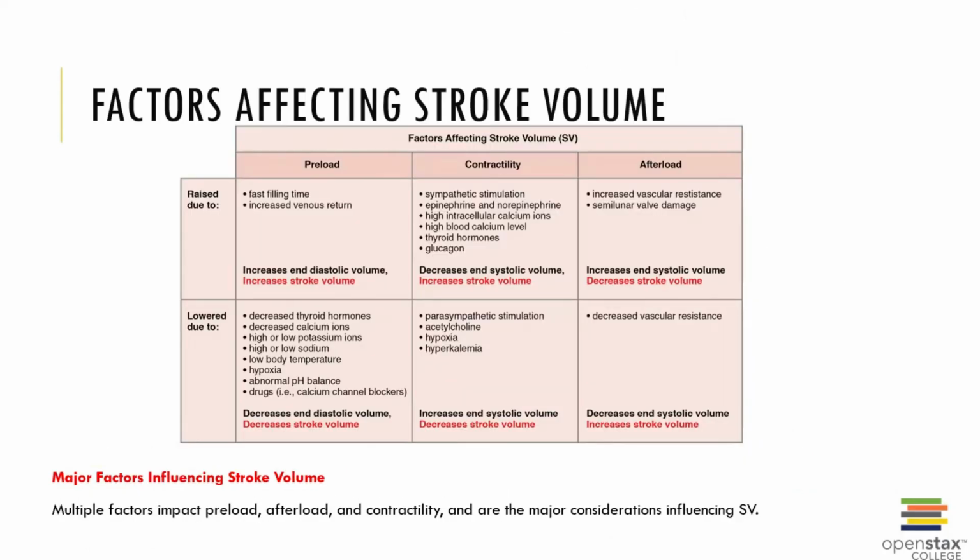So these are the OpenStax slides that we're following, but I do want to add something in here before I get into the factors affecting stroke volume. I just want to mention a couple of things that I think are important to know that bring us back to our study of the nervous system in AMP1. So you might be wondering how one's heart rate can fluctuate so much throughout the day, right?